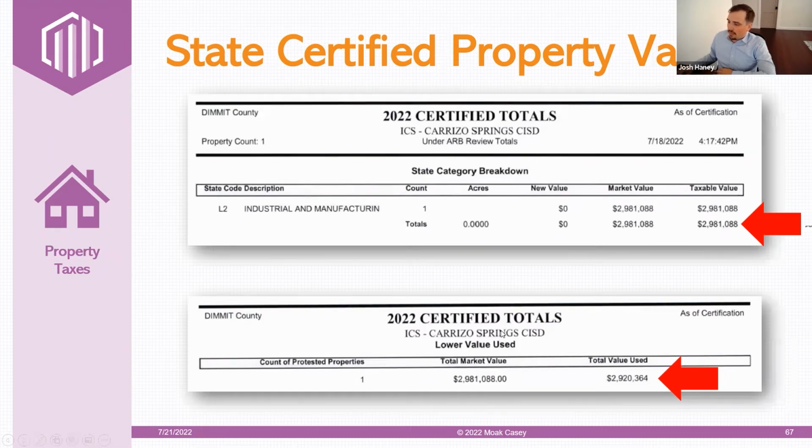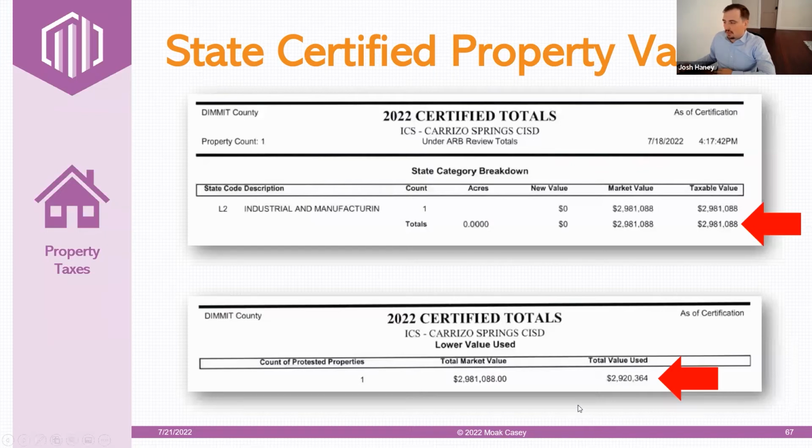And then a couple pages down in that same packet, you'll see a table that looks like this. And you can see the CAD provides an estimate of what they think that 2.981 taxable value will get reduced down to. Okay, so in this case, the CAD's thinking worst case scenario, it's going to get knocked down 60,000 bucks.